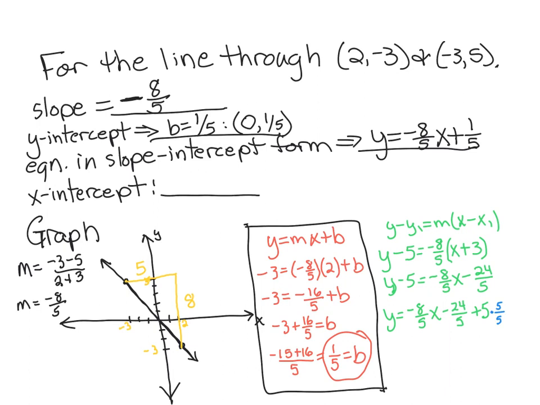That means my numerator is 25. I get y equals minus 8/5 x minus 24/5 plus 25/5 gives me plus 1/5. And there is the equation.